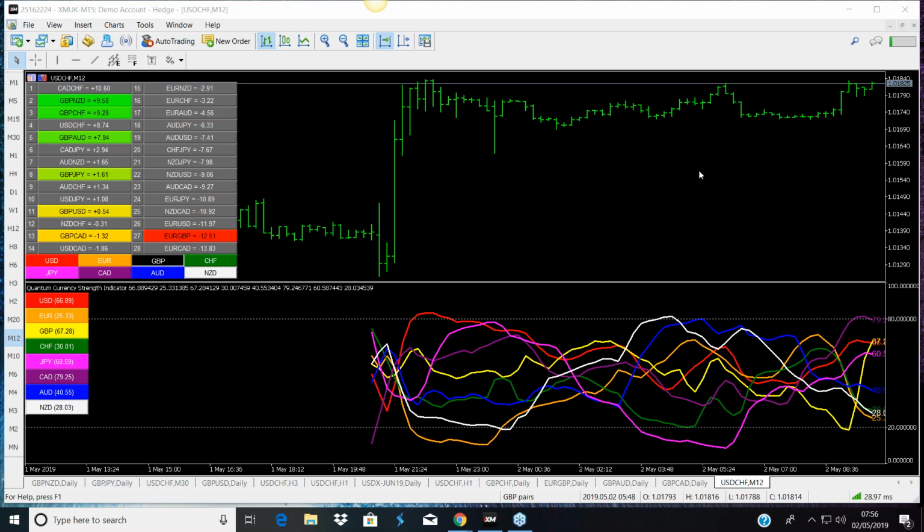Because what we've got going on at the moment, certainly in terms of the 12-minute at any rate, is, as Anna says, strong buying of the British pound on the yellow, which is rising strongly, and that is counterbalanced with a variety of pairs. You've got the Swiss franc, which is the green line, the New Zealand dollar, which is the white line, and the euro, which is the orange line. And in addition, you've also got the Aussie dollar, which is the blue line. So each of those would be potential candidates.